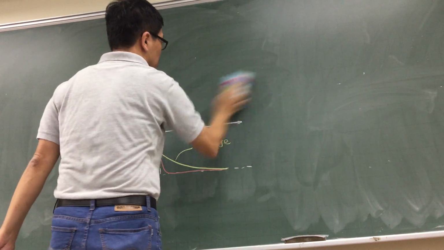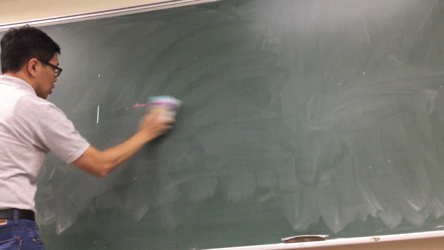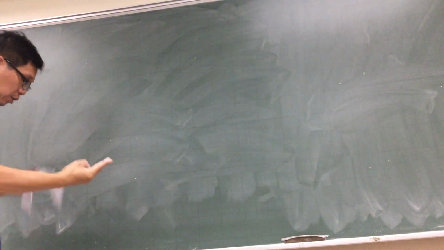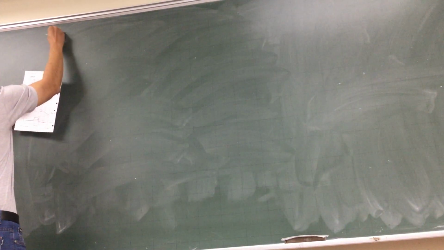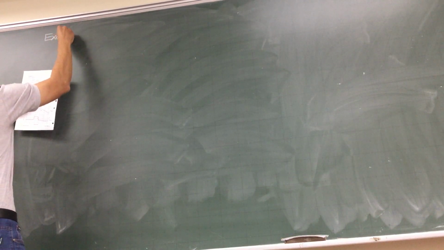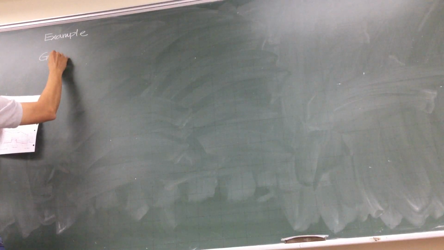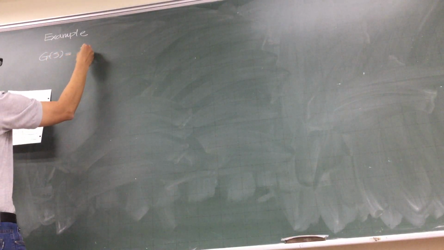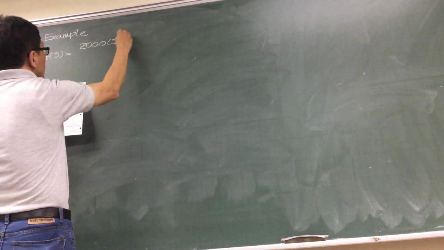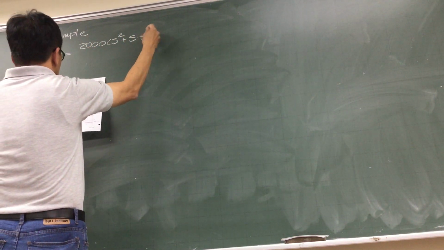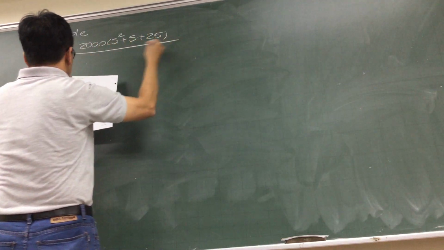So I'll follow the procedure that I was writing down over here to deal with second order Bode plots. So this example is G of s equals 2000 over s squared plus s plus 25 in the denominator.